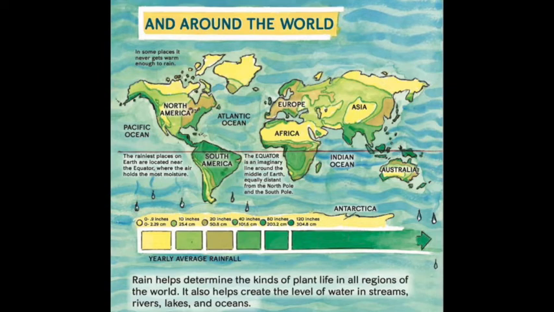In some places, it never gets warm enough to rain. The rainiest places on Earth are located near the equator, where the air holds the most moisture. The equator is an imaginary line around the middle of Earth, equally distant from the North Pole and the South Pole.